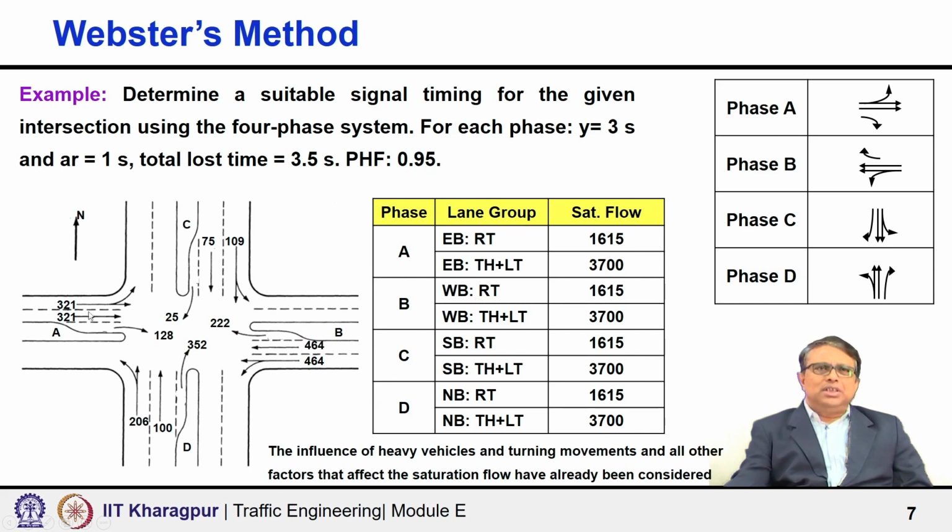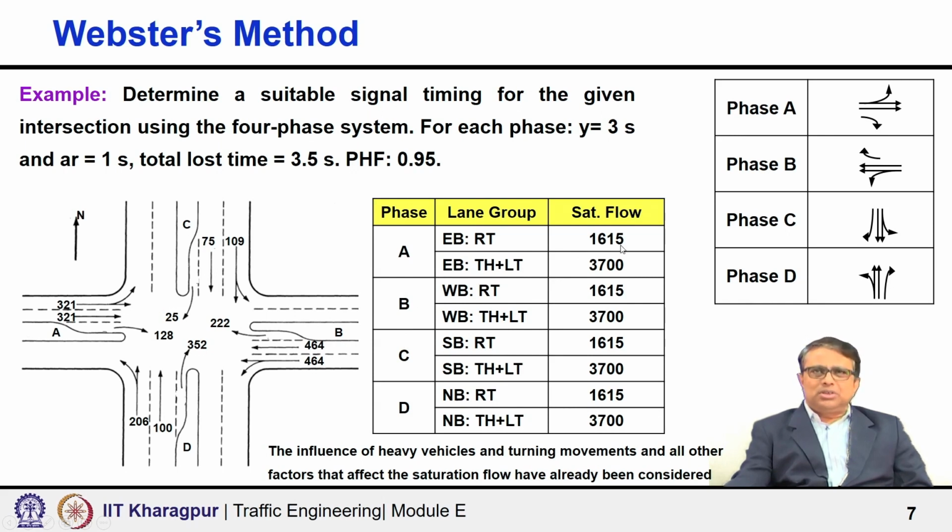And you can see here that from each approach there are 3 lanes: one is an exclusive right turn lane, the leftmost lane is straight and left shared, and the middle lane is for through traffic. The saturation flow values are also given for each approach.